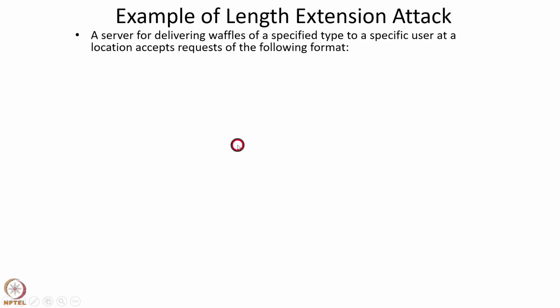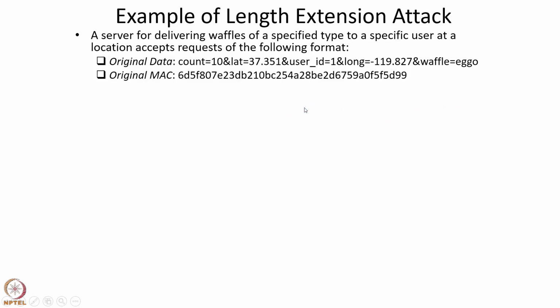Here's an example: a server for delivering waffles of a specified type to a specific user at a location accepts requests of the following format. The original data is this: count=10, latitude=this, user ID=1, longitude=this, and waffle=eggo, and the original MAC is this.